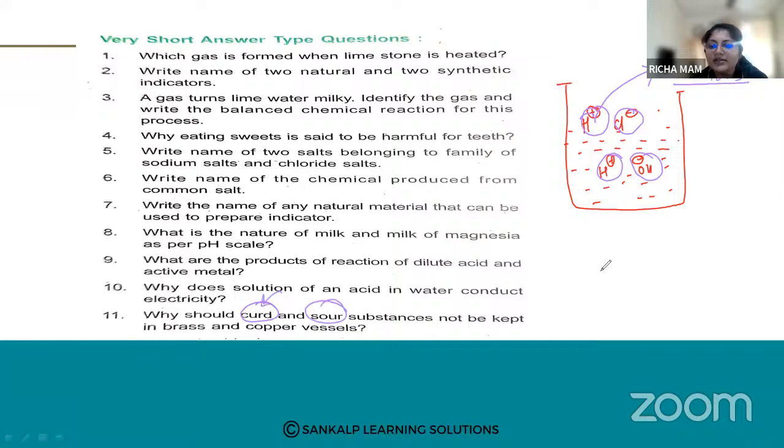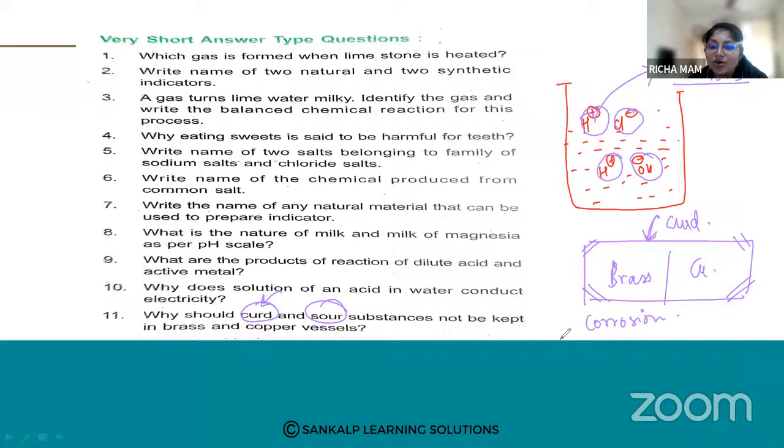If you put it in a brass or copper vessel, the acid present in the curd will react with the metal, it will react with the vessels, and it can cause corrosion.